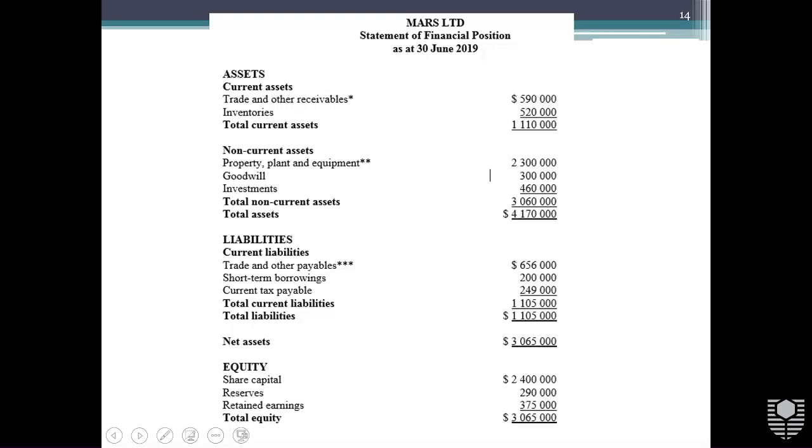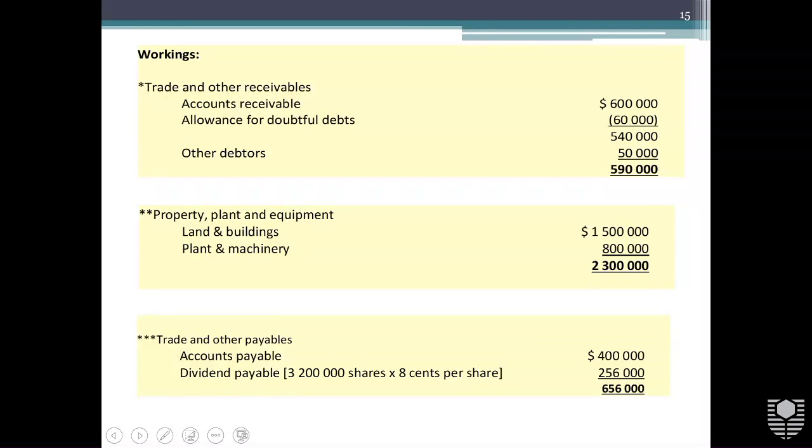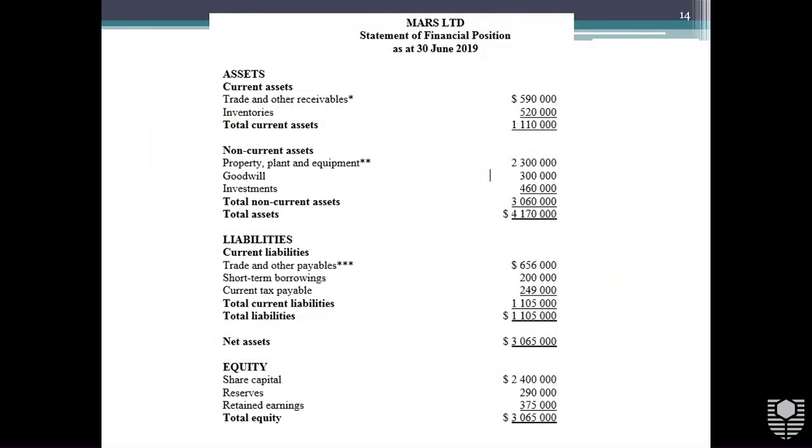We've got short-term borrowings there of 200,000. Actually, I wouldn't agree with, let's have a look. What have we got? Accounts payable, dividend payable.